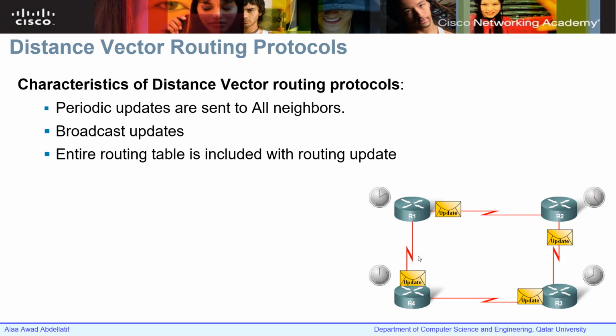For example, this router will broadcast these updates to all routers. Broadcasting means sending to all neighbors or all routers. And in these updates, the entire routing table is included. So these updates have three main characteristics: they are periodic, they are broadcast to all routers, and they include the entire routing table. So we put the whole routing table inside these updates.